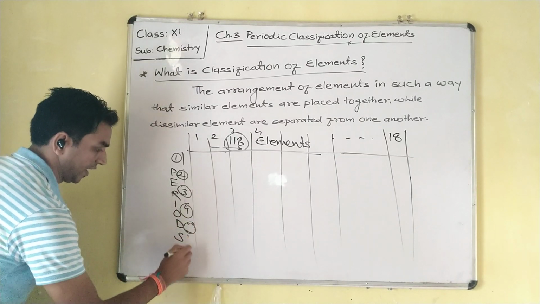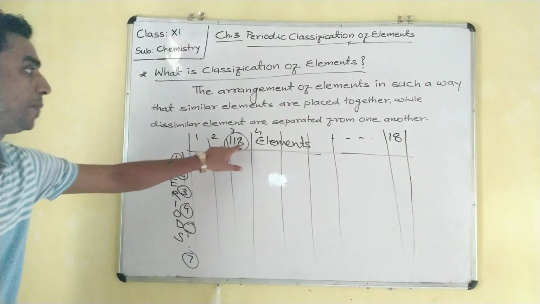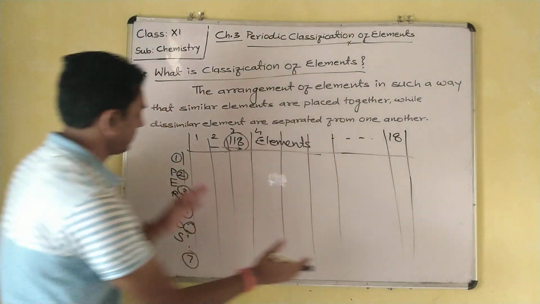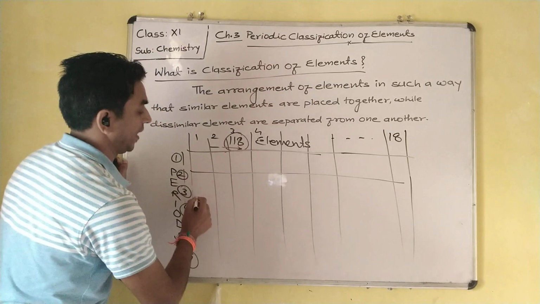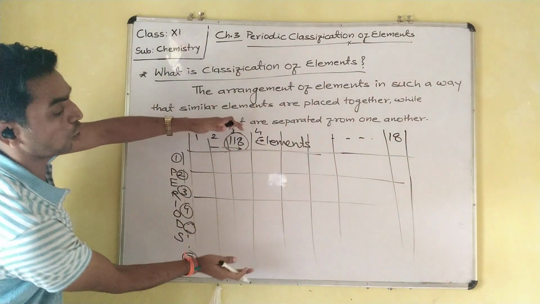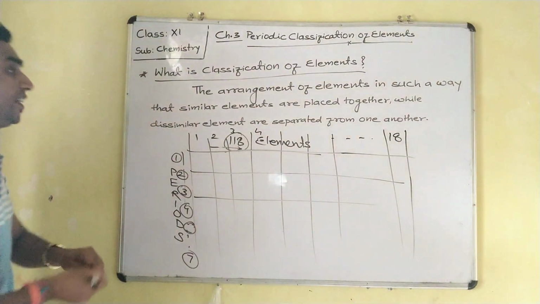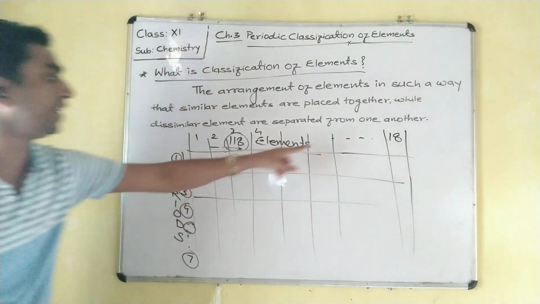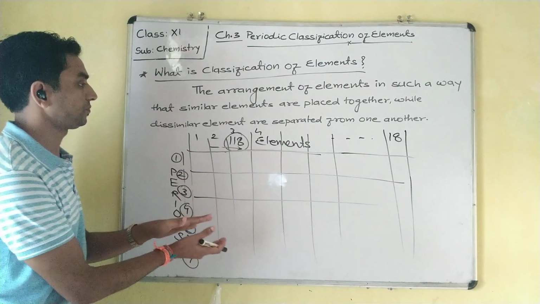Horizontal means left to right, and vertical means top to bottom. So there are 18 groups and 7 periods, and all the elements are placed in them.